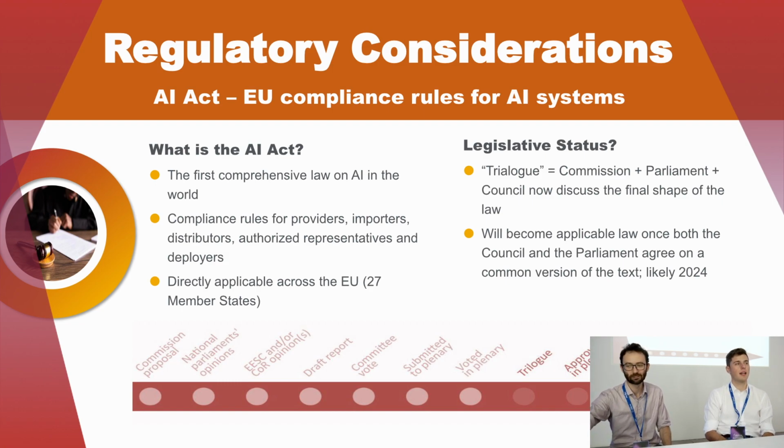Okay. So the AI Act is the first comprehensive act, which should be effective in 2024. This AI Act should be directly applicable across every EU member state, and this act will be relevant for all the players: providers, importers, distributors, and so on.